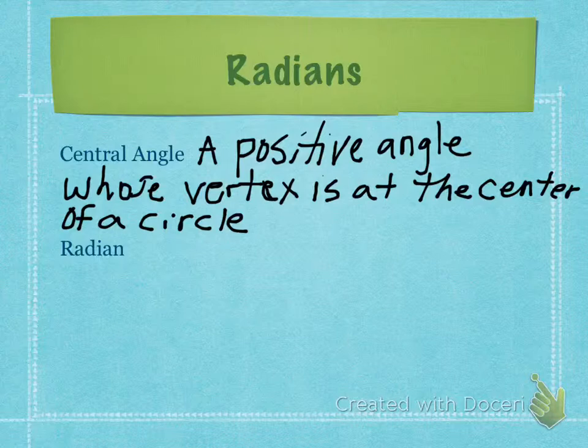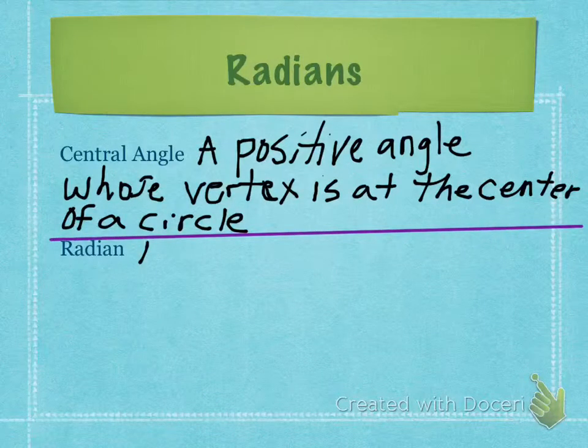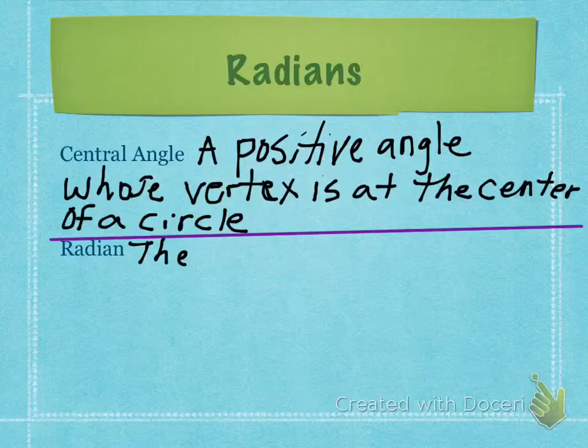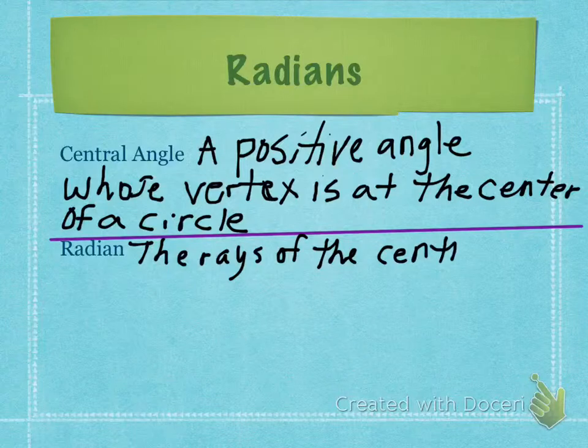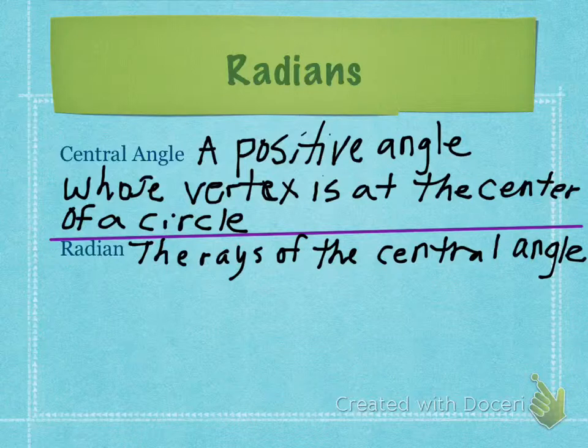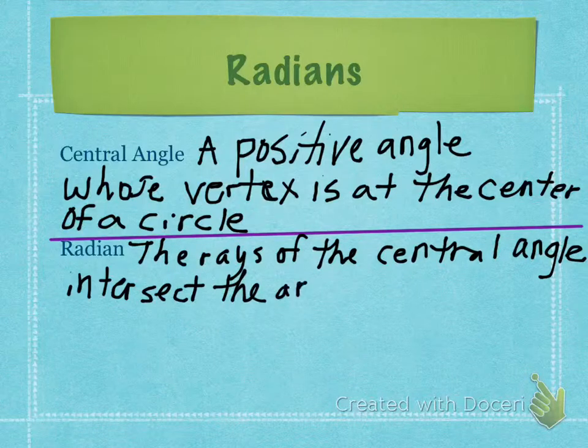Well, if you take and look at it this way, this is how we're going to describe it. All right. The rays of the central angle intersect the arc of a circle.